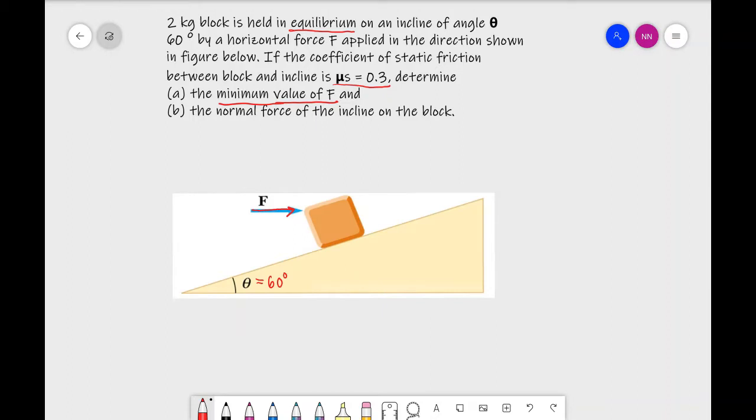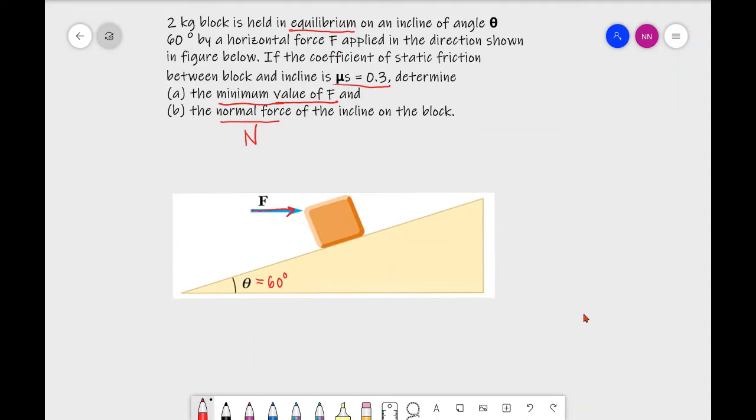to maintain the block in equilibrium, at rest on the inclined plane, and then the normal force N of the inclined plane on the block. First you have to draw all the forces acting on this block.